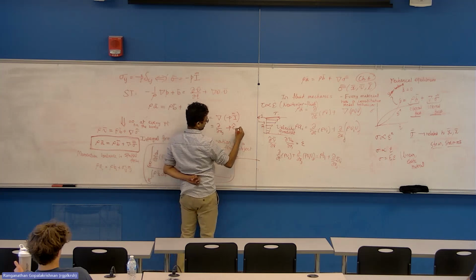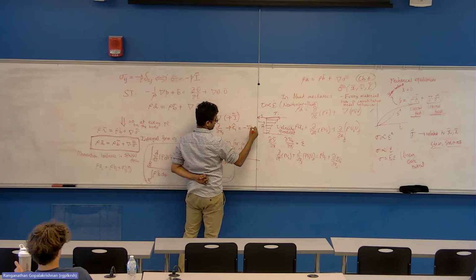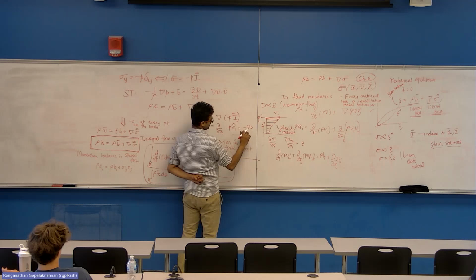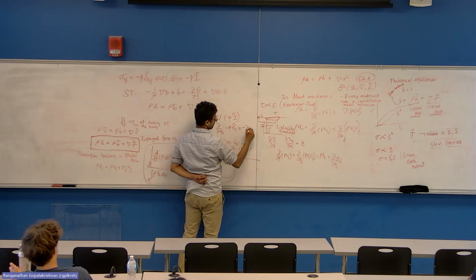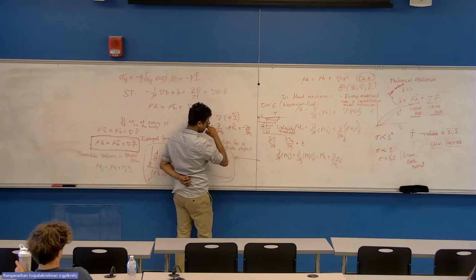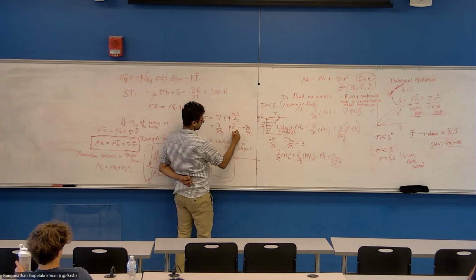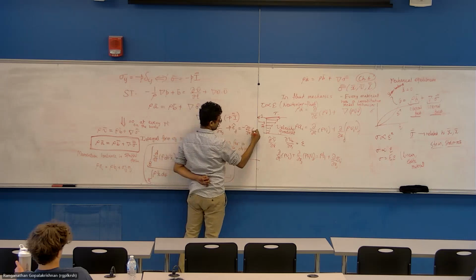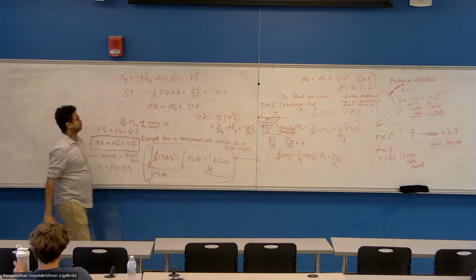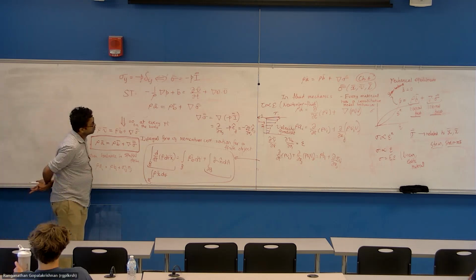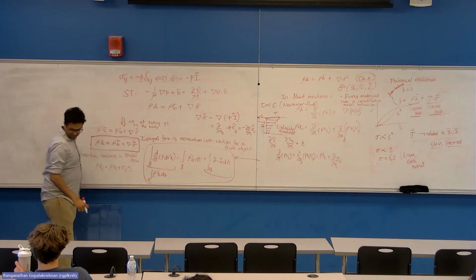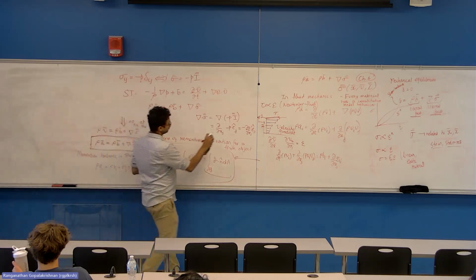So this is basically like writing minus gradient of P, which is a vector, or minus partial derivative of P with respect to xj times ej. Yeah, I'll keep it as i. That's the one we usually use.